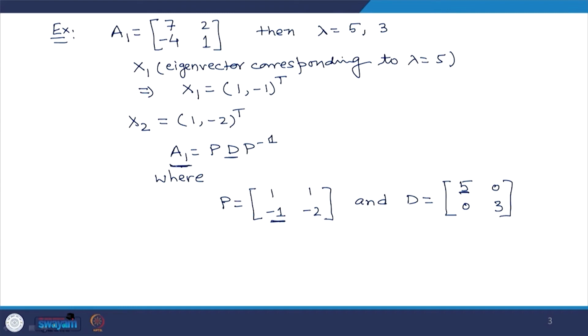So, this is an example of diagonalization, and we have learned it earlier also in this course. However, consider another matrix. Let me take a matrix A2 which is given by 1, 1, 0, 1. Now, it is an upper triangular matrix, so obviously the eigenvalues are lambda equals 1 and 1.